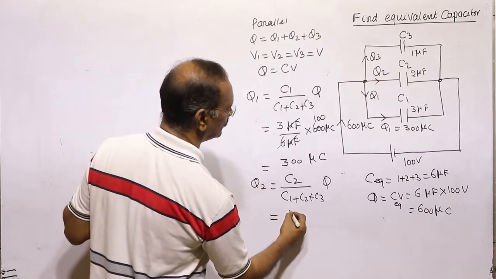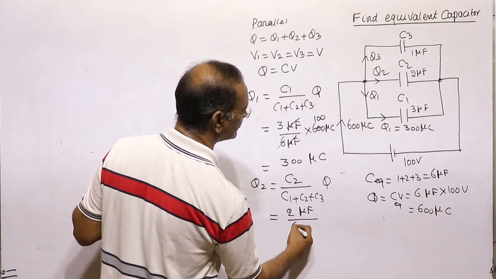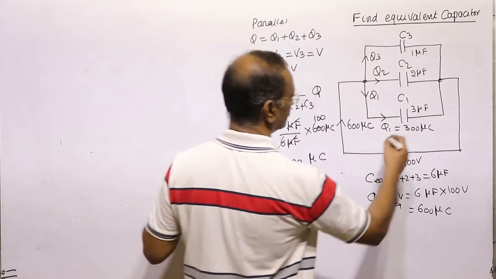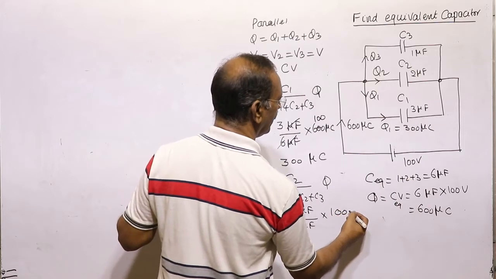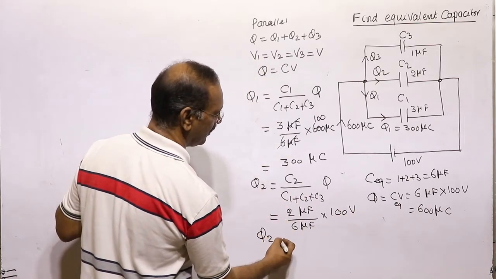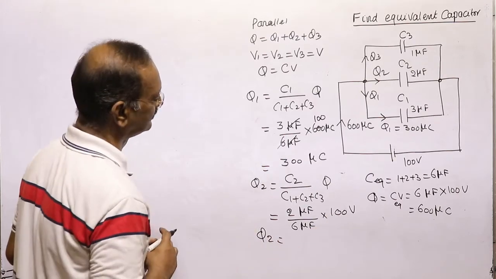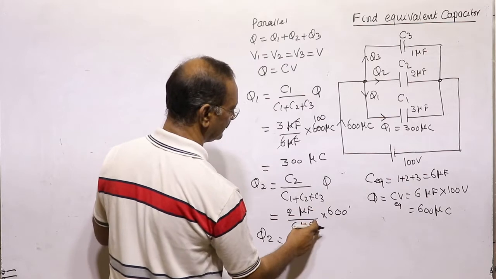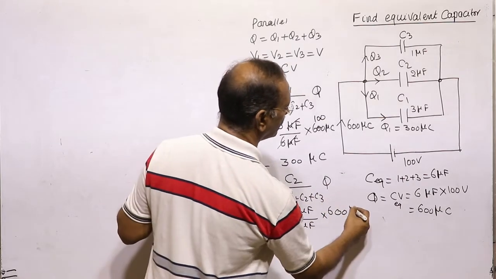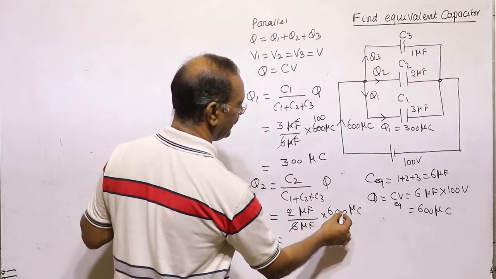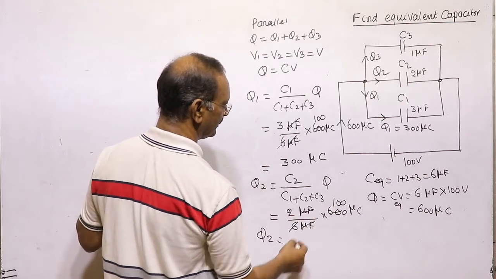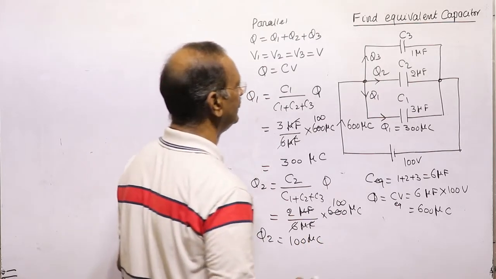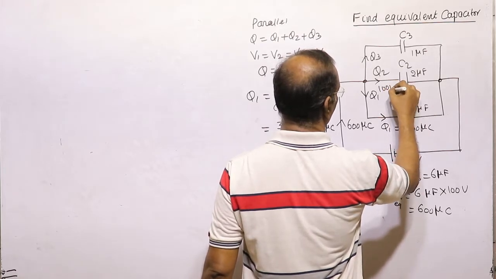C2 is equal to 2 microfarad, divided by 6 microfarad, into the net charge of 600 microcoulomb. The micro cancels, so Q2 is equal to 200 microcoulomb.